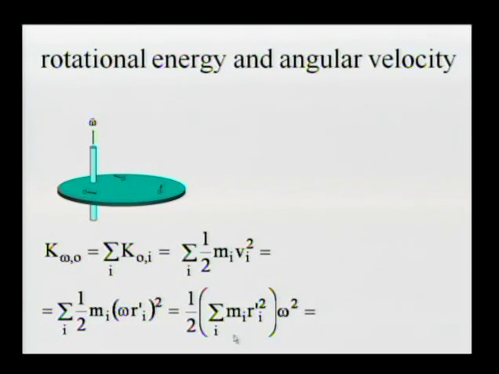And now I can recognize what I have here. What do I have here? Moment of inertia of the object about the axis, the considered axis, for example an axis passing through the center of mass.